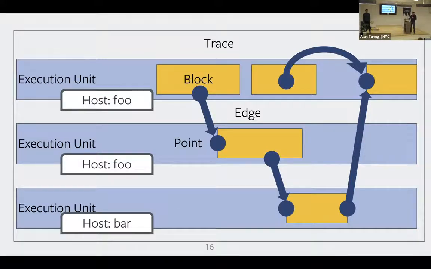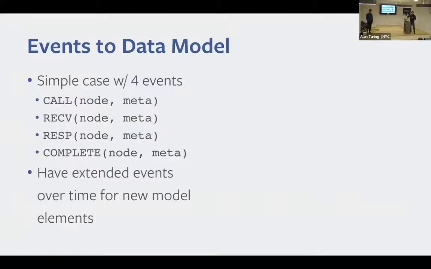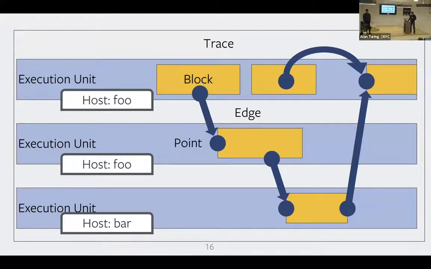Then the way we represent happens-before and happens-after explicitly, like you would with a parent-child span relationship, is through actual edges between points. So those are the five objects in the data model: execution units, blocks, points, edges, and annotations. And that's what comprises a trace.